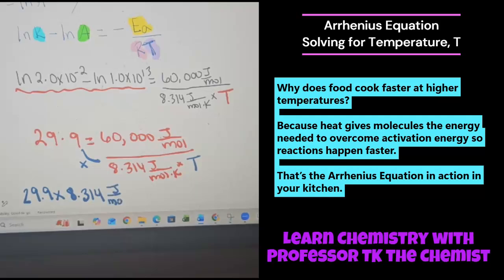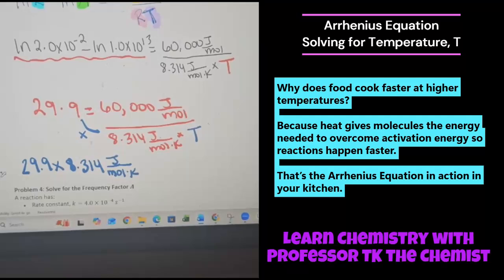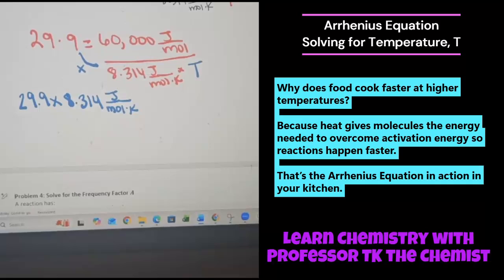You see why you have to have pre-algebra or basic algebra classes to know how I am isolating this. Okay? That's what I'm showing you right here. Okay? You leave that T over there. That's equal to 60,000.